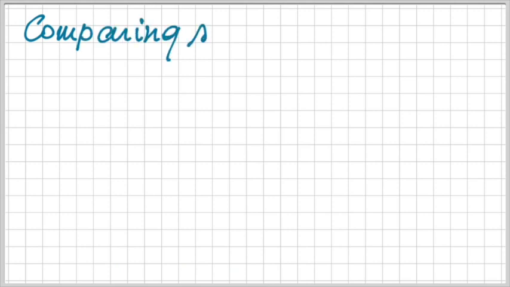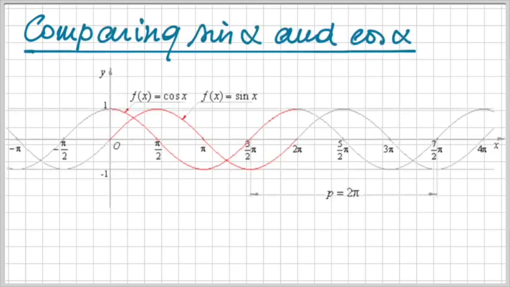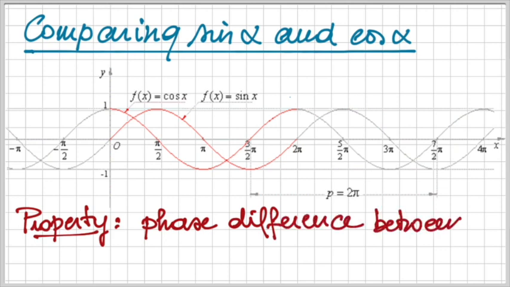Now, when we look at those two curves, what we have to see is that there is a phase difference. In fact, cosine and sine are basically the same functions, but they are shifted over 90 degrees.